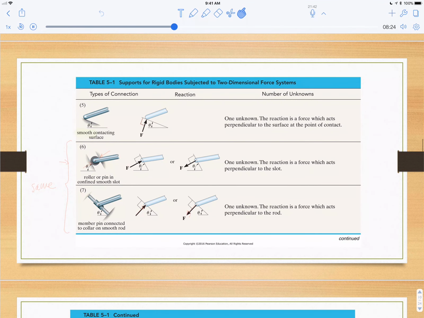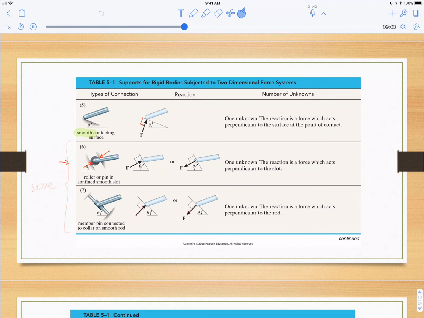Okay, these reactions are on different types of surfaces. Whenever you have something resting on a smooth surface, the key thing is that the reaction will always be at 90 degrees. Or if you have a roller or a pin in a smooth slot right here, the difference for this one is that you could have a normal force going up on the roller or a roller force coming down, whereas in the previous one you can only have a normal force going up away from the surface.